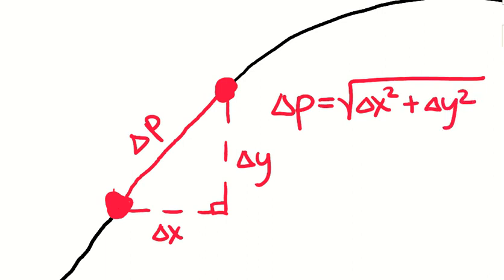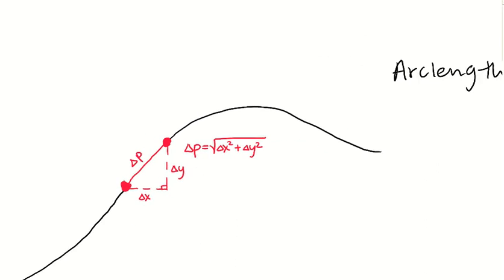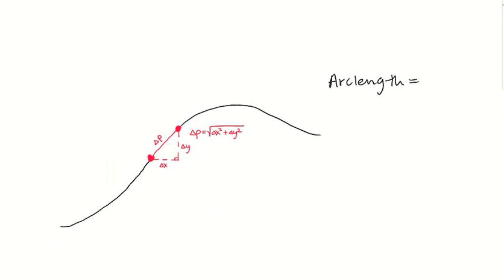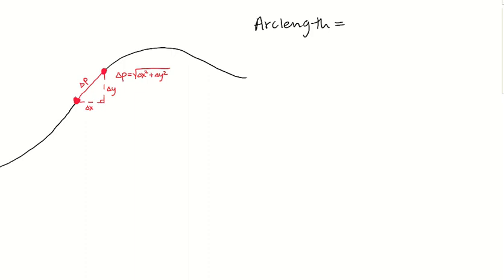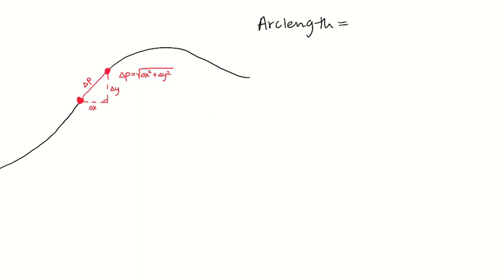That's true for sure. And then the arc length is going to be equal to the sum of all of these delta p's. So this is the sum of these square roots of delta x squared plus delta y squared.